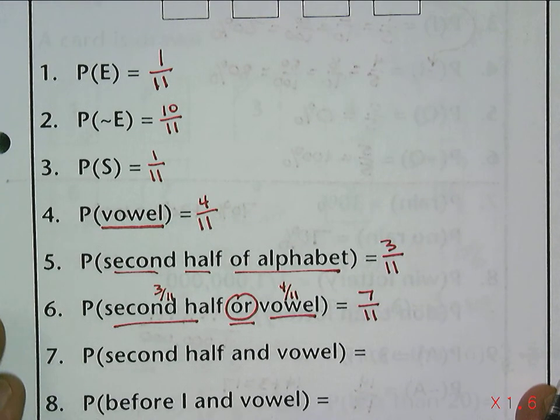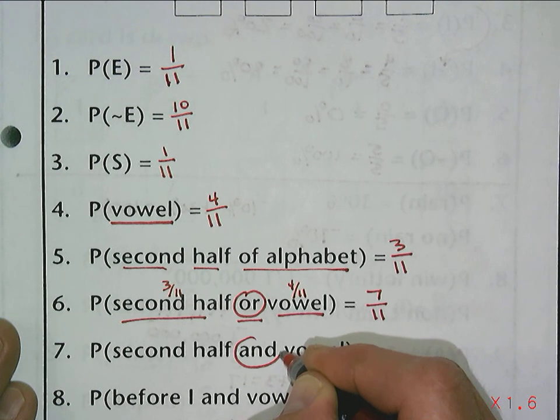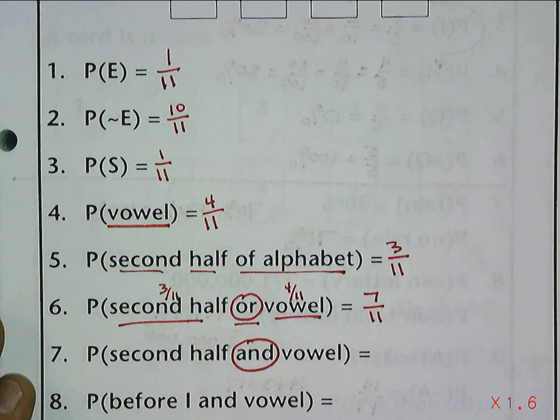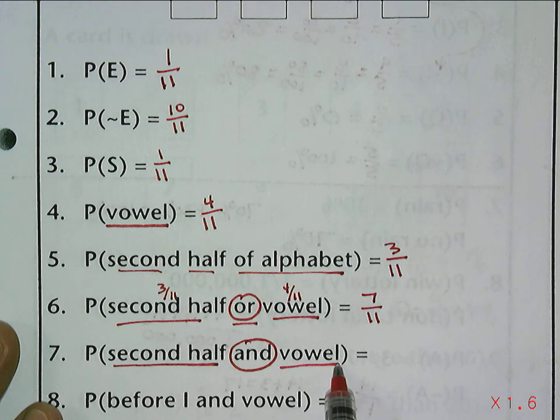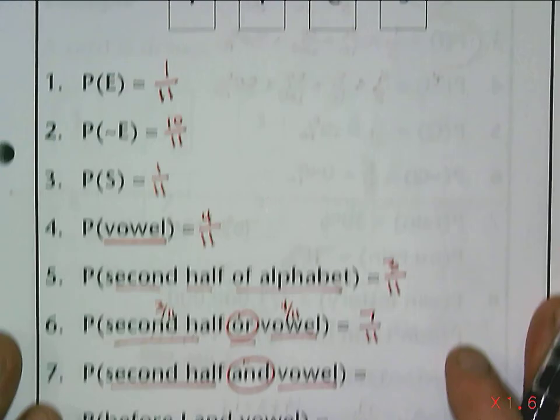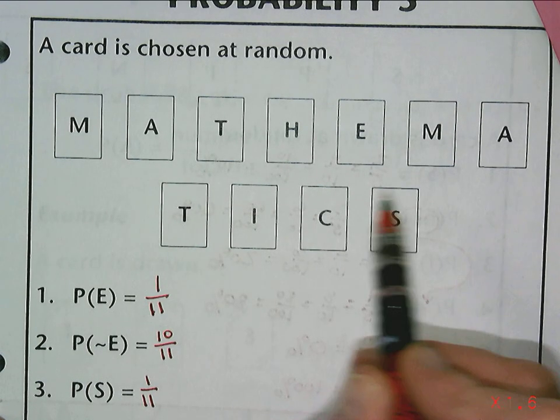Okay. Now we have this other statement that says and. Now and is more exclusive because it means that both of these have to be true. It has to be a second half of the alphabet and a vowel. So if you look at the cards up here, is there a card that is a part of the second half of the alphabet and it's a vowel?